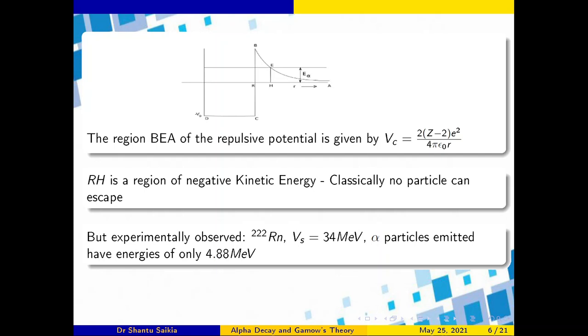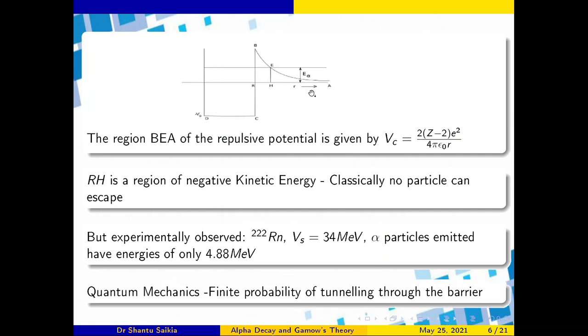The only way we can explain this is using the theory of quantum mechanical tunneling. The alpha particle keeps on striking the wall of the nucleus repeatedly with a finite probability that it tunnels through this barrier. So this is the barrier. This is quantum mechanical tunneling. We have to consider quantum mechanical tunneling to explain the alpha decay process.